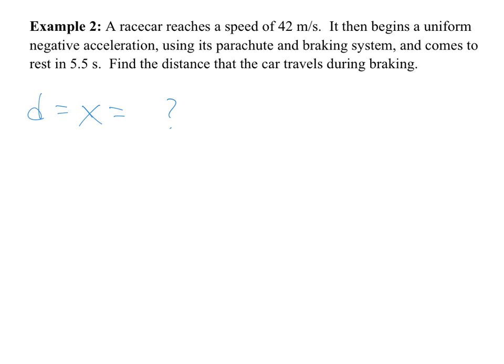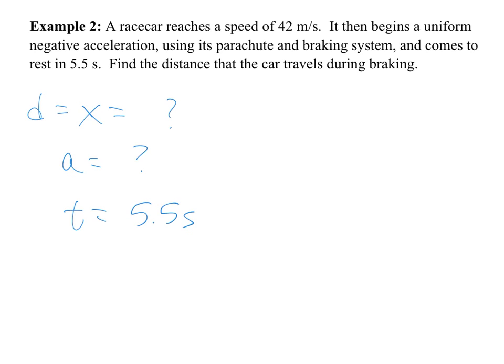Now, I'm given the fact that there's negative acceleration. Do I know the acceleration? No, I don't know what it is. So that's still unknown. I know the time is 5.5 seconds. Now, again, be careful. We start at some speed, get up to 42. Then the problem begins.